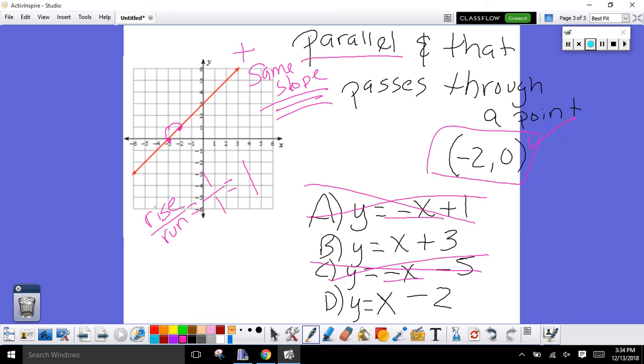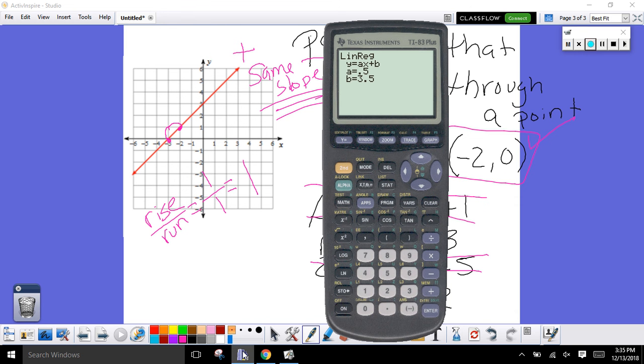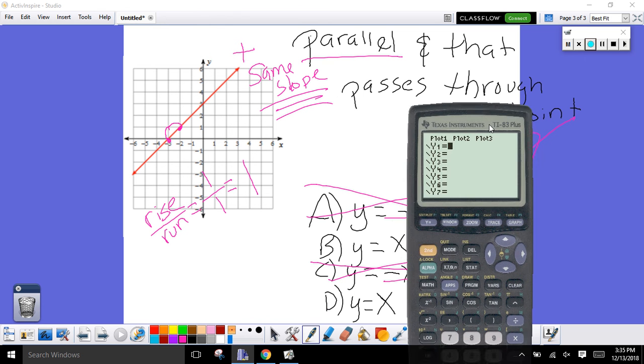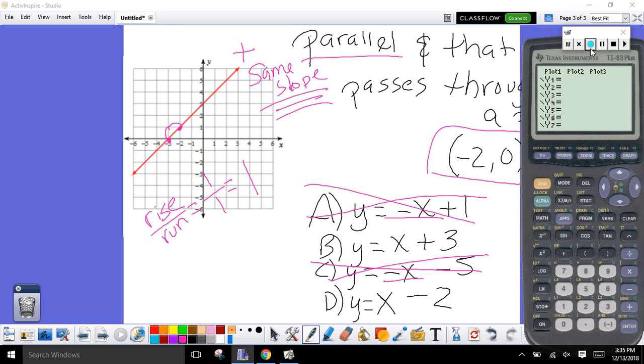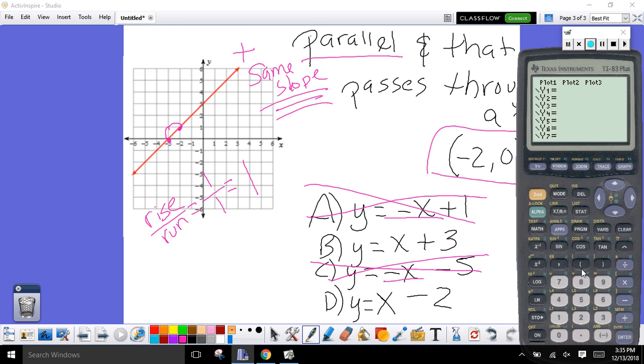So I'm going to check it using my graph. I take my calculator, I go to y equals, and I'm going to put my equation right here. I'm going to check both of them, just so that you guys can see what's going on. I'm going to check B first. I put x plus 3.